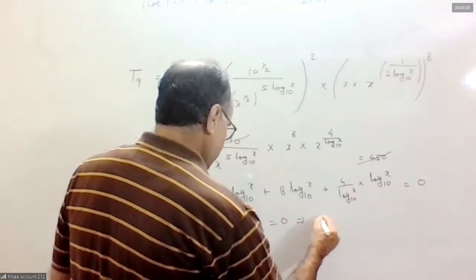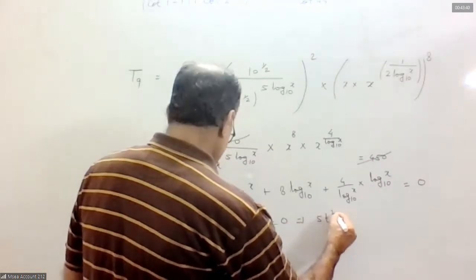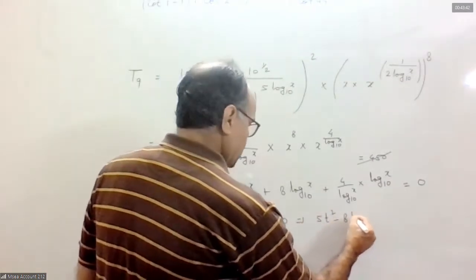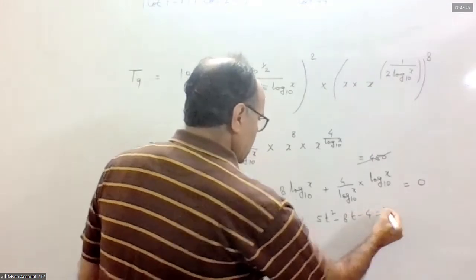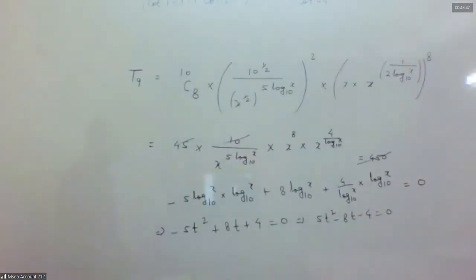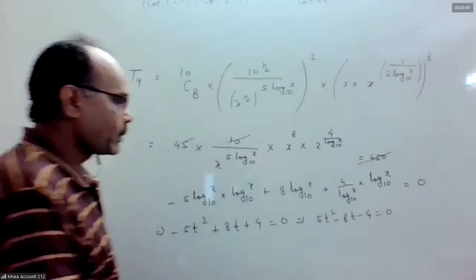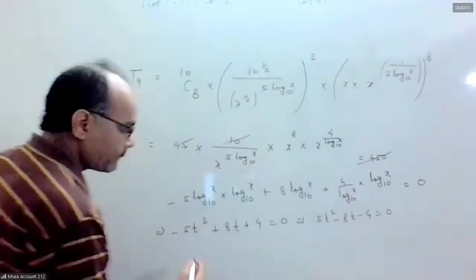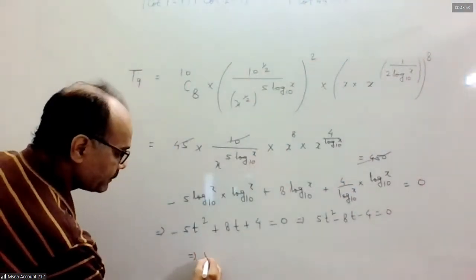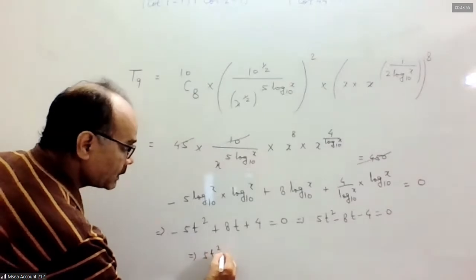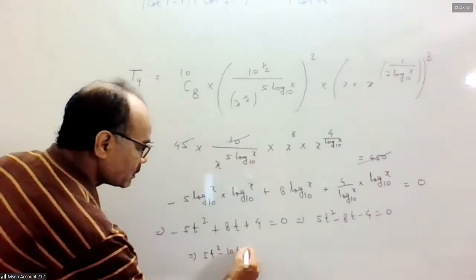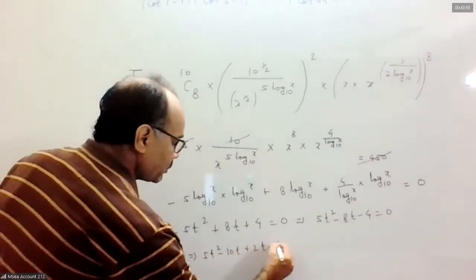This gives us 5t square minus 8t minus 4. 20, 10, 2. 5t square minus 10t plus 2t minus 4 equal to 0.